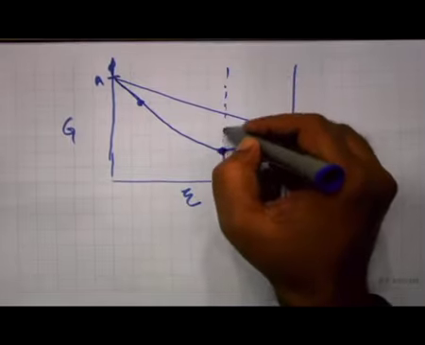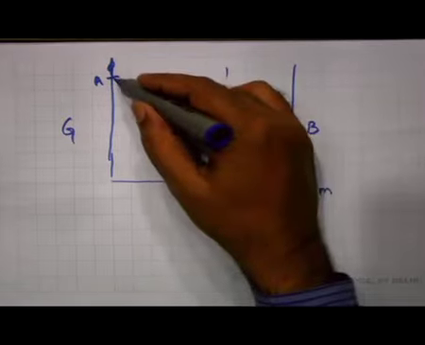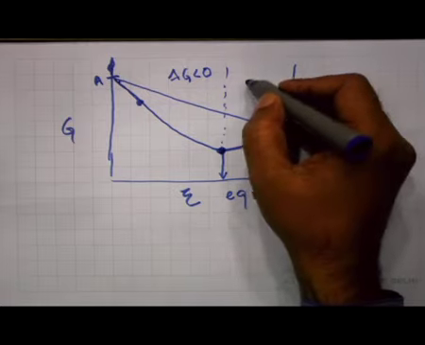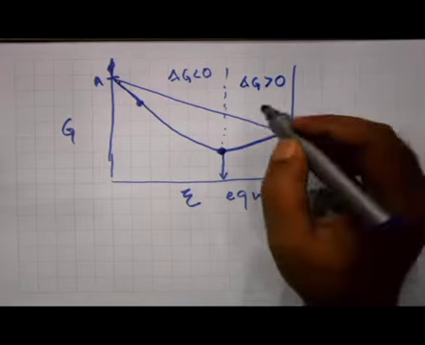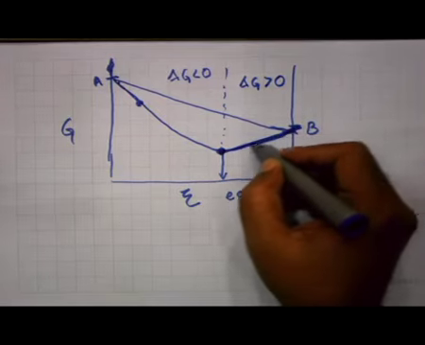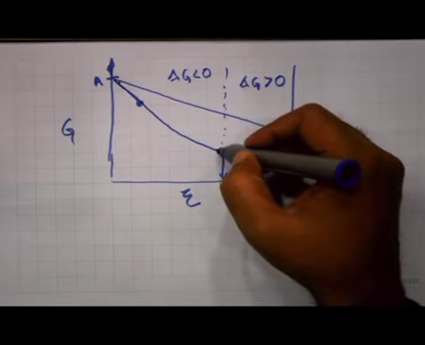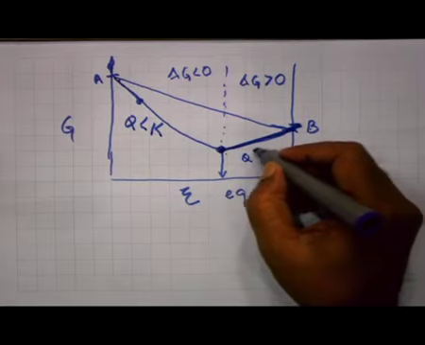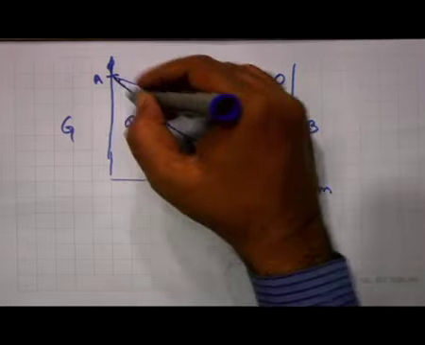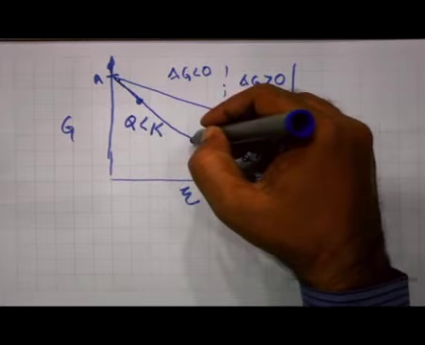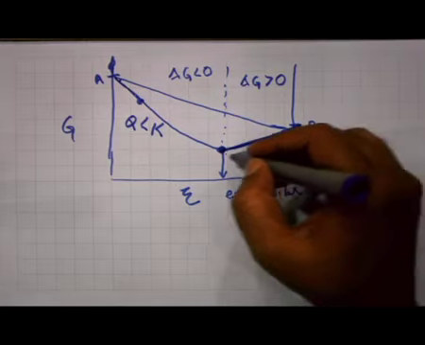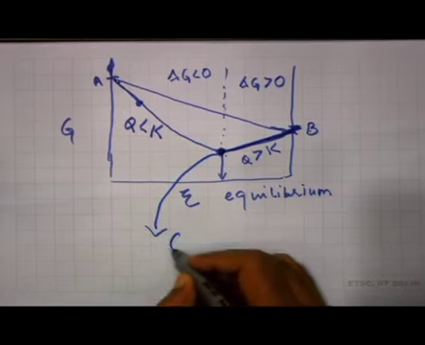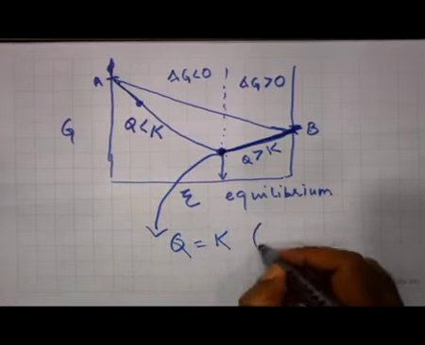So, till this point your delta G, G B minus G A, is less than 0, and in this regime delta G is greater than 0, and so the reaction will go from B to A. In this regime the reaction will go from A to B. This is when Q is less than K, and this is when Q is greater than K. So, when the reaction quotient is less than K, the forward reaction is taking place, and when the reaction quotient is greater than K, the reverse reaction is spontaneous, and at this point where Q is equal to K, we have equilibrium.